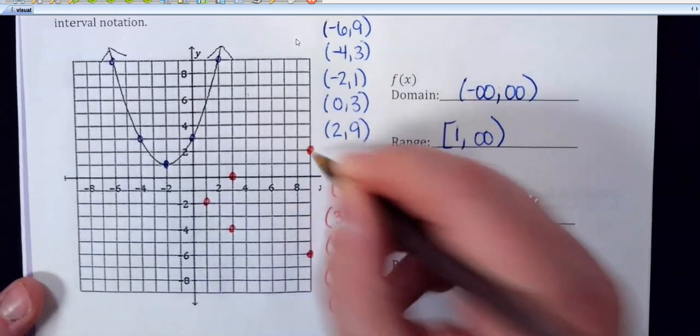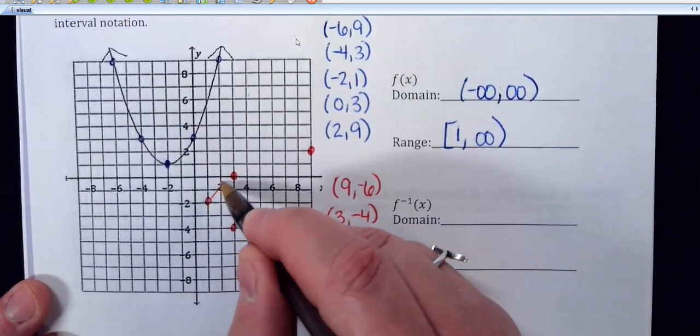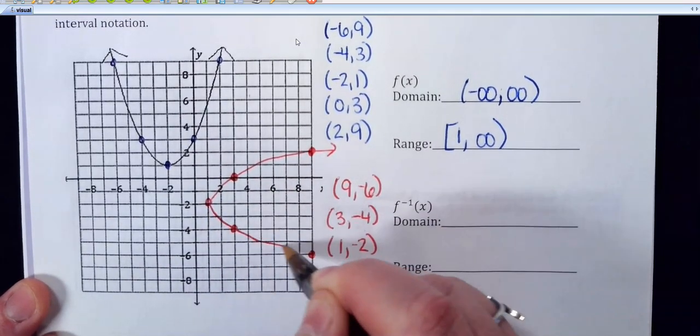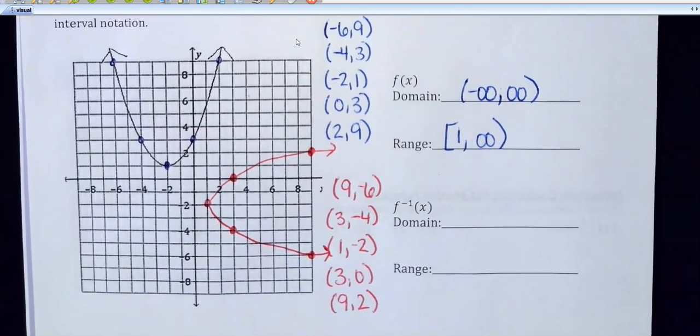Okay, so I literally just traded the x and y coordinates. Now this is still the shape of a parabola, but it's going sideways. And that would be my inverse.